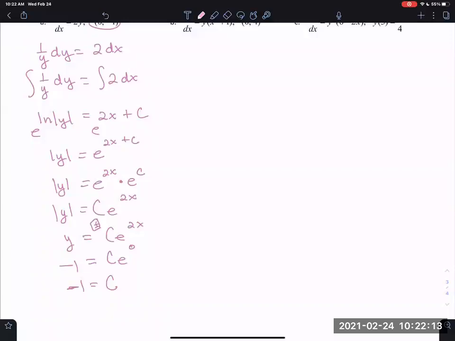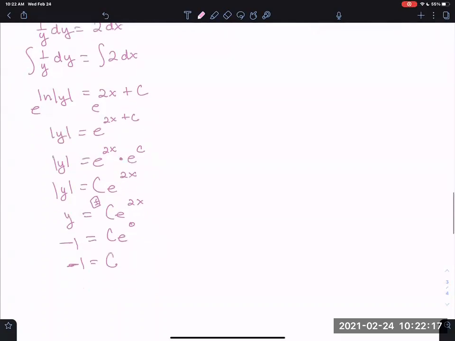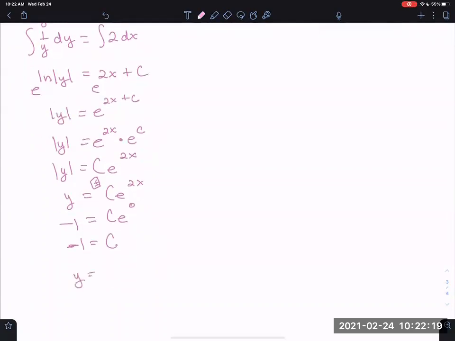So with that being said, once I plug in, you can write your final equation as negative e to the 2x, you don't have to put the 1, right? That is your final answer. My initial condition was negative.